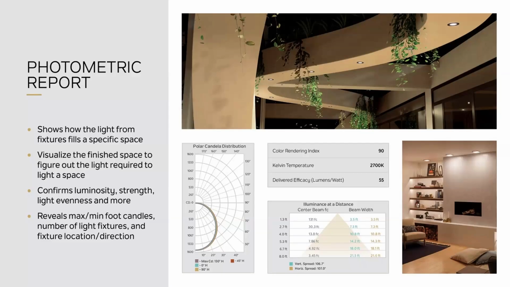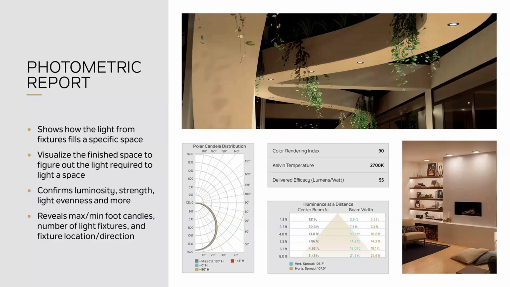The last thing I want to talk about, as I mentioned here, is the delivered efficacy, which should be about 55 or above. And you may say, why is this important? Well, it basically indicates whether the published lumens a bulb should emit is actually being delivered.